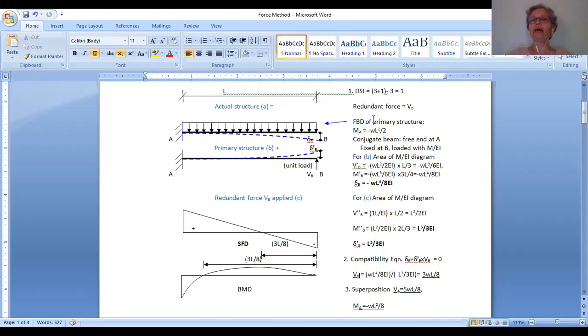So we have minus WL squared by 2 plus 3WL squared by 8. Are you clear about this plus sign? This is minus over here and this is plus over here. So WL squared by 2 with minus sign plus 3WL squared by 8 comes out to be minus WL squared by 8. Clear?